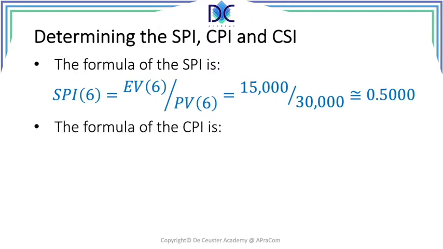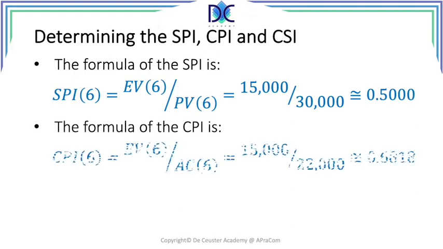The formula of the CPI is, CPI at period 6 is the earned value at day 6 divided by the actual cost on day 6. So we have 15,000 divided by 22,000, which gives us approximately 0.6818.